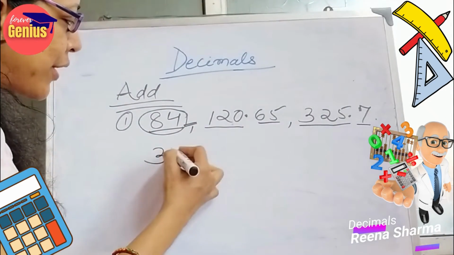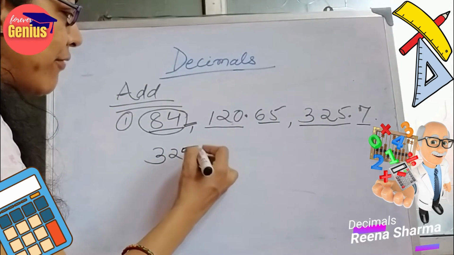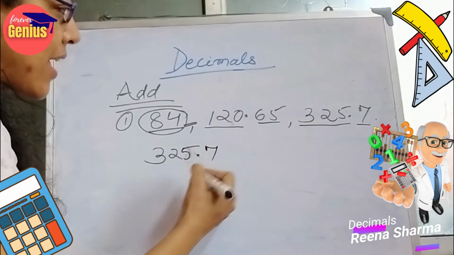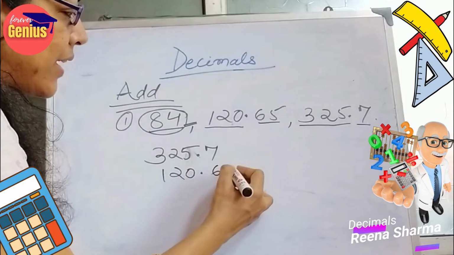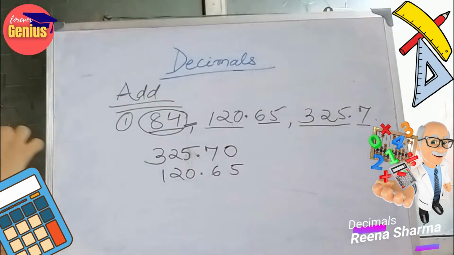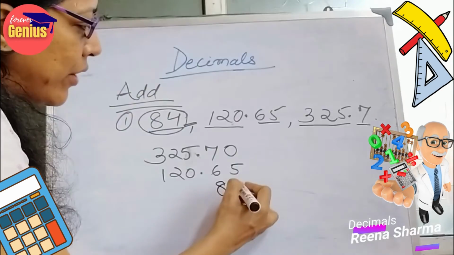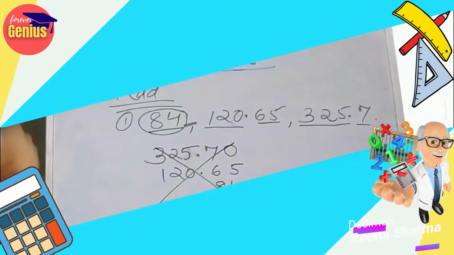They write it as 325.7, 120.65. Here nothing is there, so I will write a 0. And they write 84 here. But this is totally wrong.